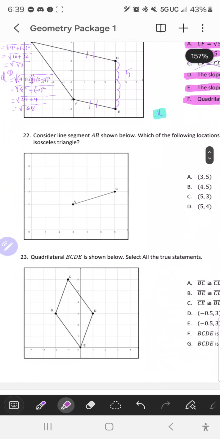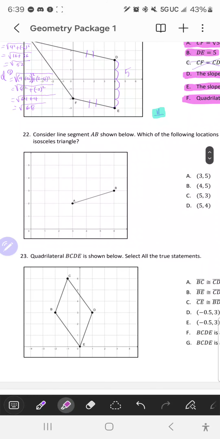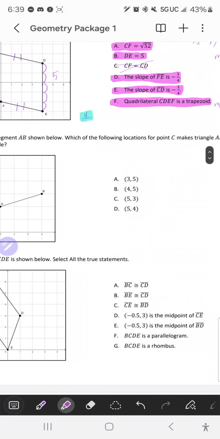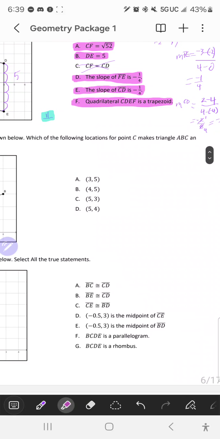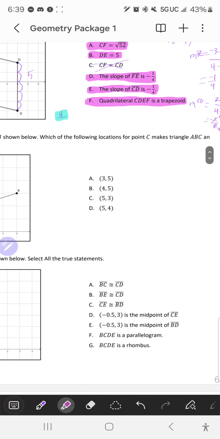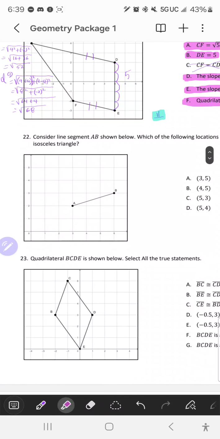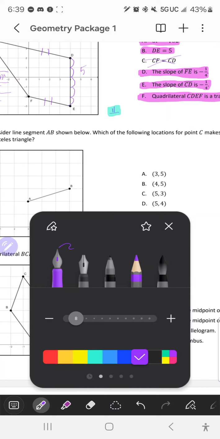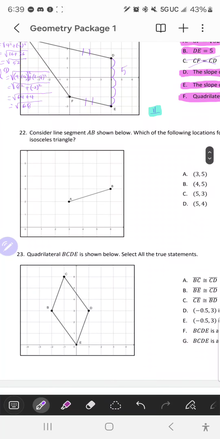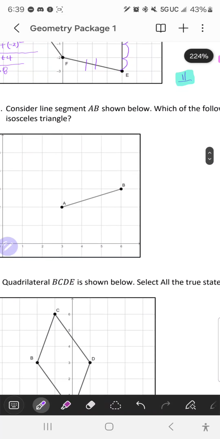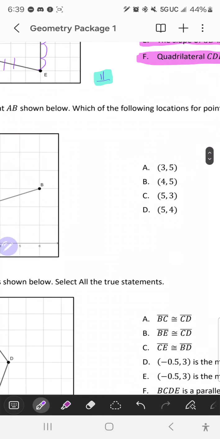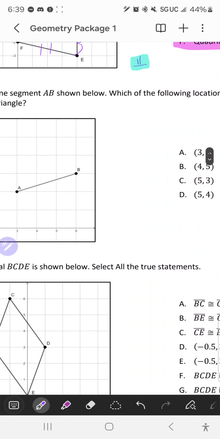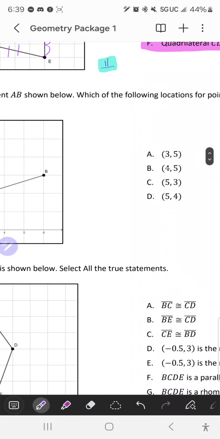Now let's get going to number 22. Now consider the segment AB shown below. Which of the following locations for point C makes triangle ABC an isosceles triangle? I'm just going to put all the points in the graph to see where they are.